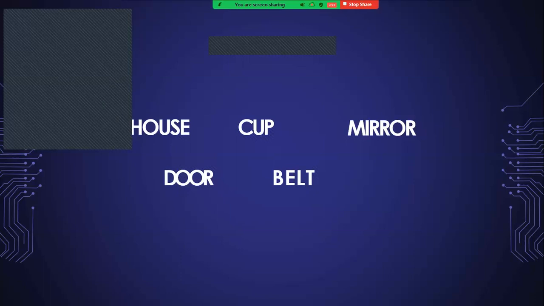Good morning, teacher. Can I know what materials I use to make a mirror? Well, to make a mirror, we need glass. Why glass? Glass is very shiny, and when we look at the mirror, we want to see our face, so we can use the glass to see better.